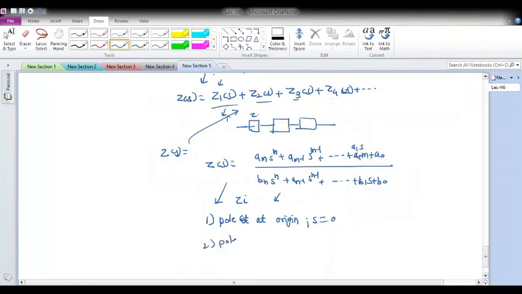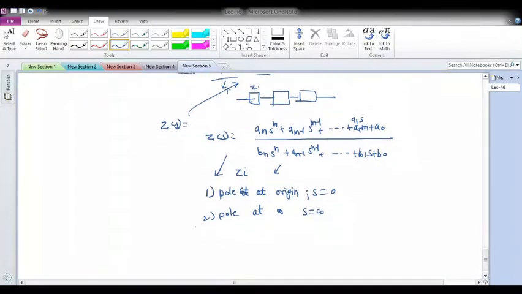The second case will be a pole at infinity. And the third case will be simple poles on the j omega axis, which will always be in conjugate pairs.